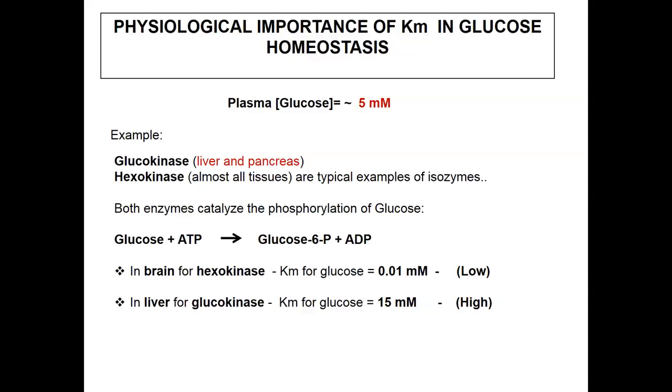But the glucokinase in the liver will not touch the glucose as long as the blood glucose concentration does not reach 15 millimolar, or close to that. Only when you reach it, which means you have too much glucose floating around, will glucokinase start trapping glucose inside your liver so it can form glycogen for storage purposes.